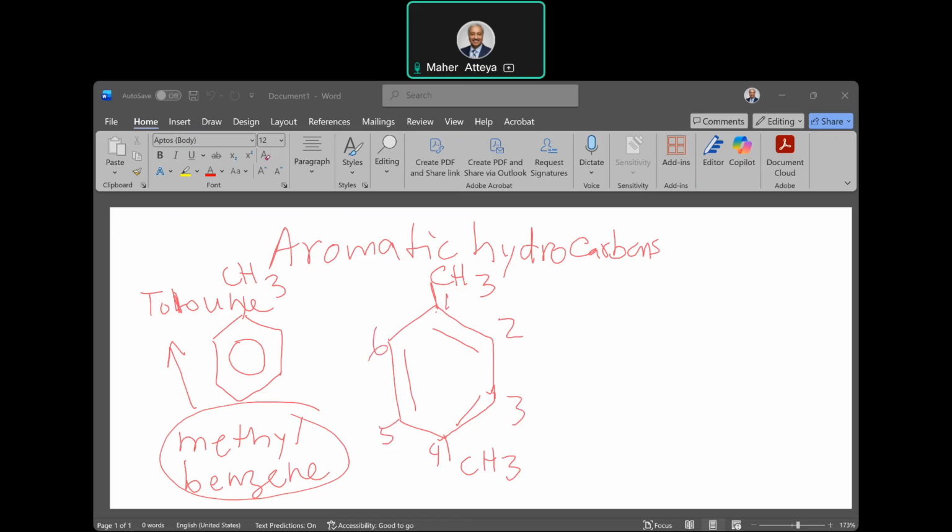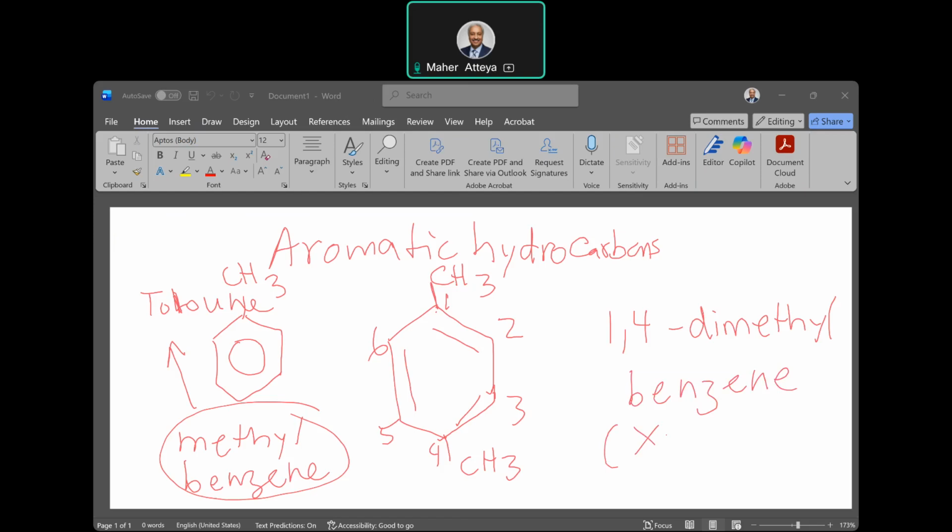The benzene has 6 carbons and 3 double bonds. So we can call this one here 1,4-dimethylbenzene, because 2 methyls.